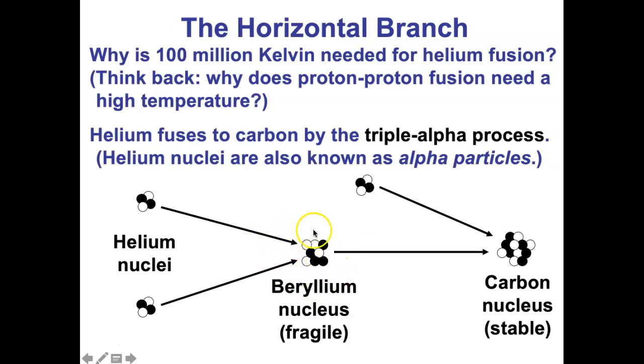So if the beryllium-8 just hangs out for too long, it'll eventually break down, either into your 2 heliums again, or into something else that's even less useful. So you need to fuse the 2 helium into the beryllium, and then that beryllium needs to get fused onto a third helium to become carbon-12, and carbon-12 is nice and strong and stable, so that you create a stable end product.